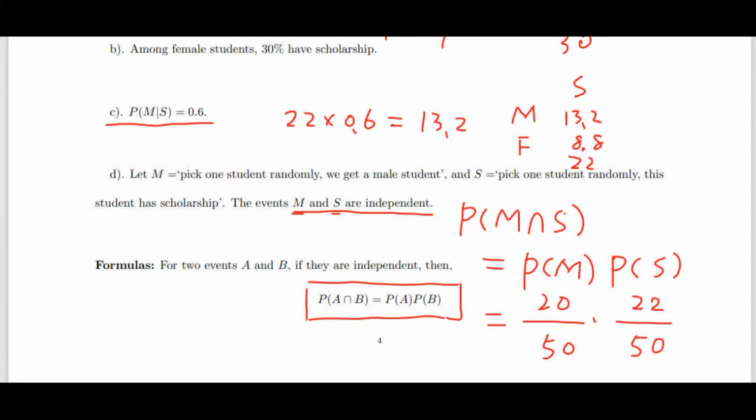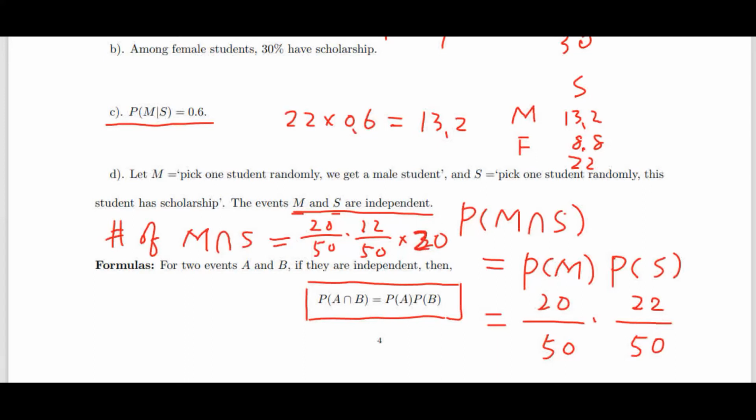So we know the probability for M and S. So we can find the number of male students with scholarship: this probability percentage multiplied by the total. The total male students is 20, right? We have 20 male students.